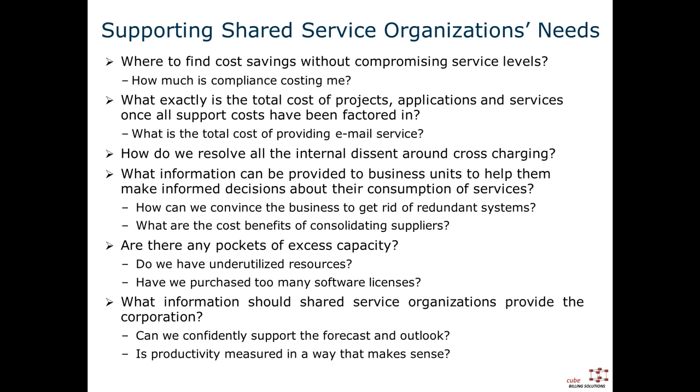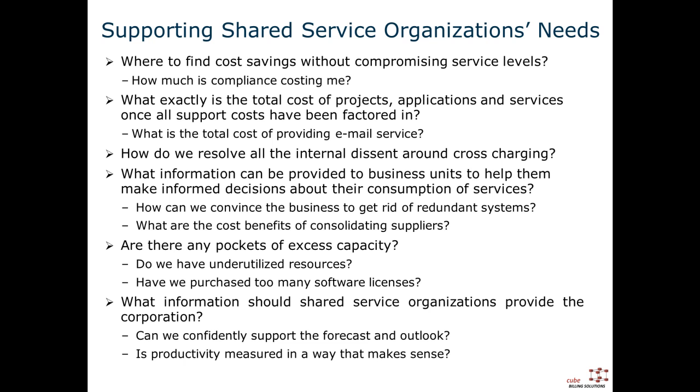Providing information to resolve dissent and questions around cross-charging. We run into that a lot. The ability to have information that businesses can use to make better business decisions. And this could be from eliminating redundant systems, looking at vendors and suppliers to see if we should maybe consolidate them or add new vendors.